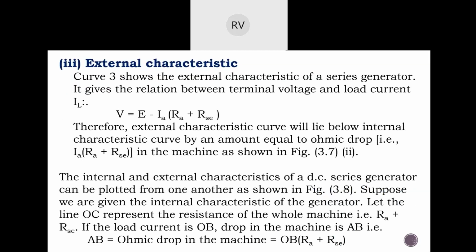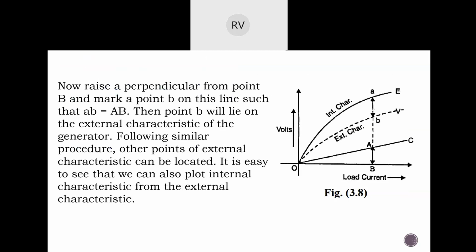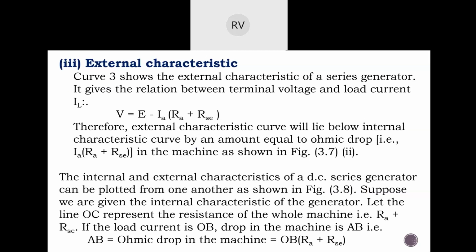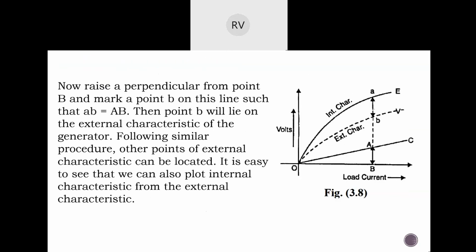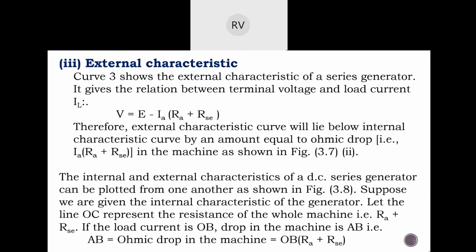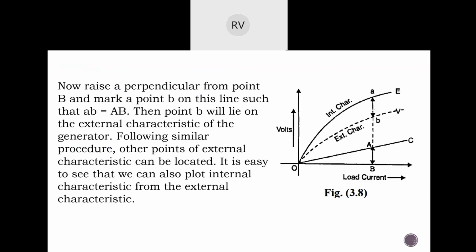Then what happens? If the load current is OB, the drop in the machine is AB. AB is the ohmic drop in the machine, that is equal to OB into (RA + RSE).